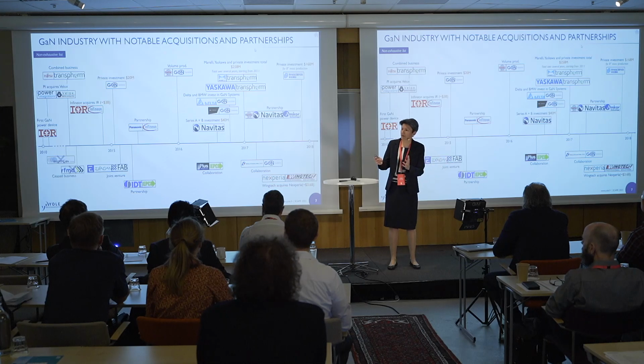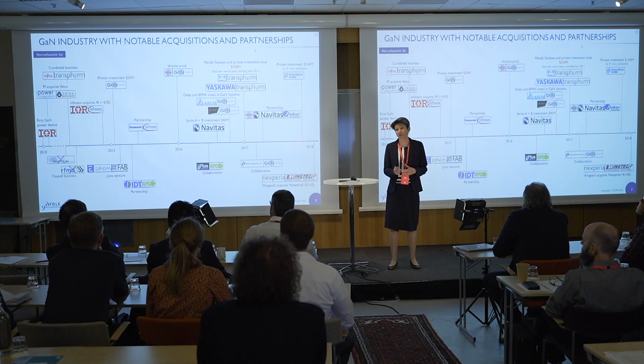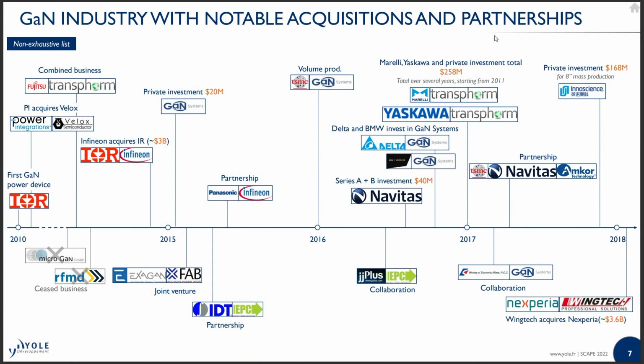So the story with power GaN has started quite recently. The first power GaN devices came from International Rectifier in 2010. Then we've seen a lot of movement, of course, when you need to have more mature industries, there's investment, so the acquisition of International Rectifier by Infineon.